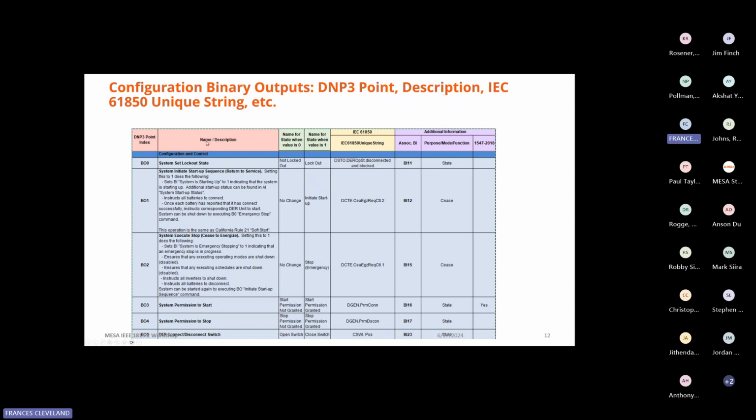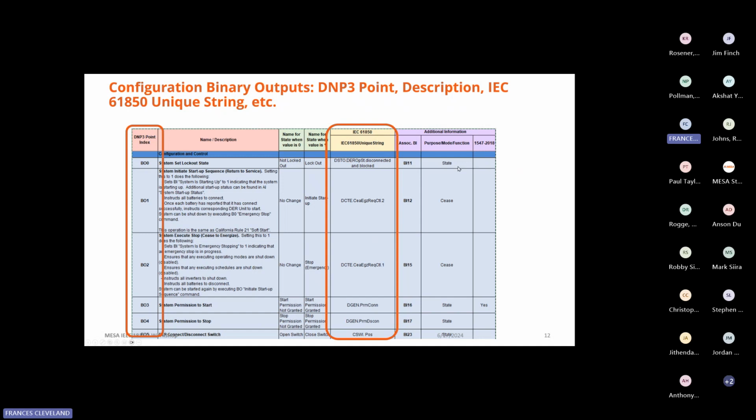And then we have the name and the description, a little more information, and then a unique string that comes from 61850 that defines the meaning of the point. Here we just have a description, but here we have a unique string. So the important aspects of this spreadsheet are the DNP3 point index and the corresponding unique string from 61850.